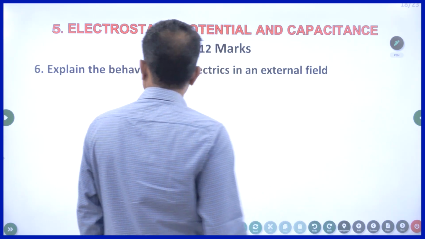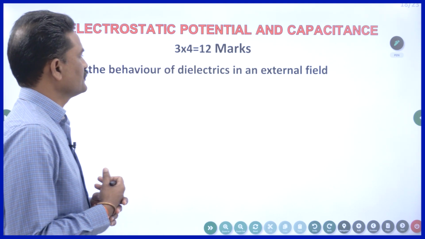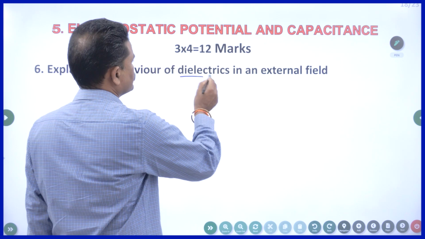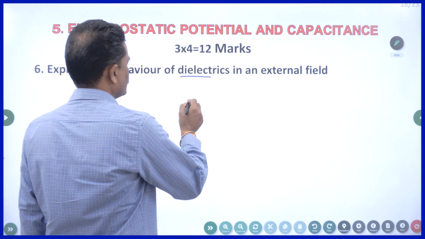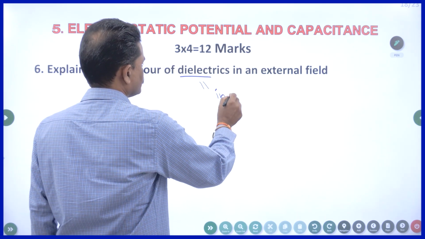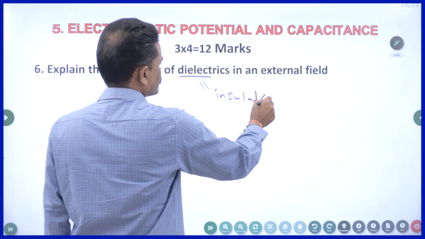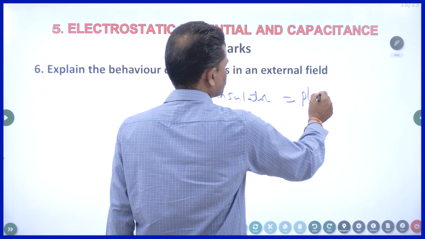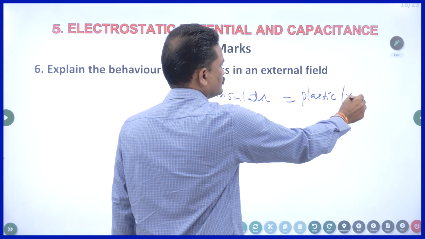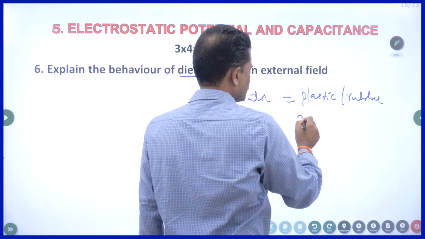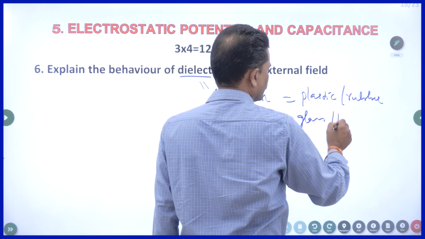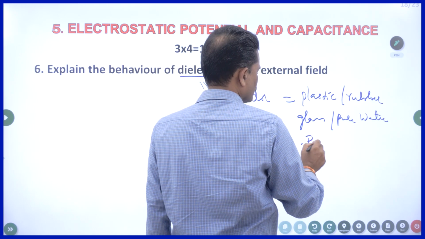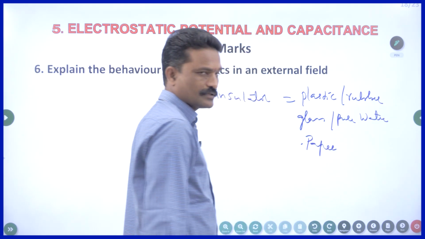Now, the last question I think. Explain the behavior of dielectrics in an external field. What do you mean by dielectric? Dielectric means insulator. This pen is an insulator since it is made of plastic. Rubber, glass, pure water, paper, thermocol, all are insulators.